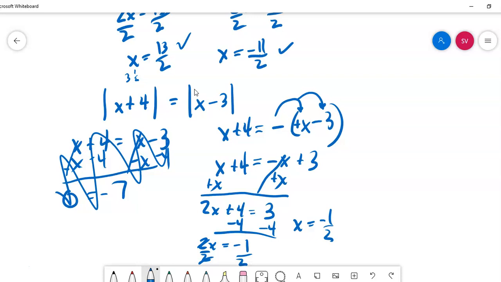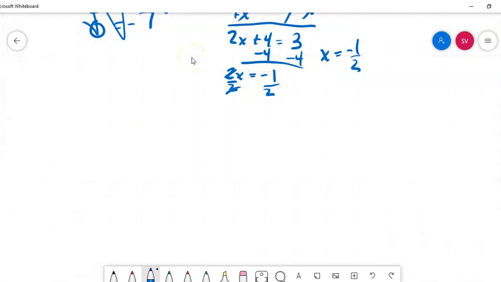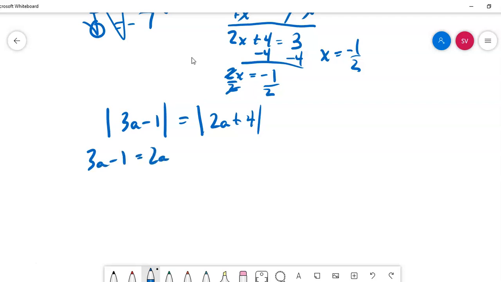I'm going to show you one more similar example like this. So I have the absolute value of 3a minus 1 is equal to the absolute value of 2a plus 4. So we're going to break this down into our first version here.